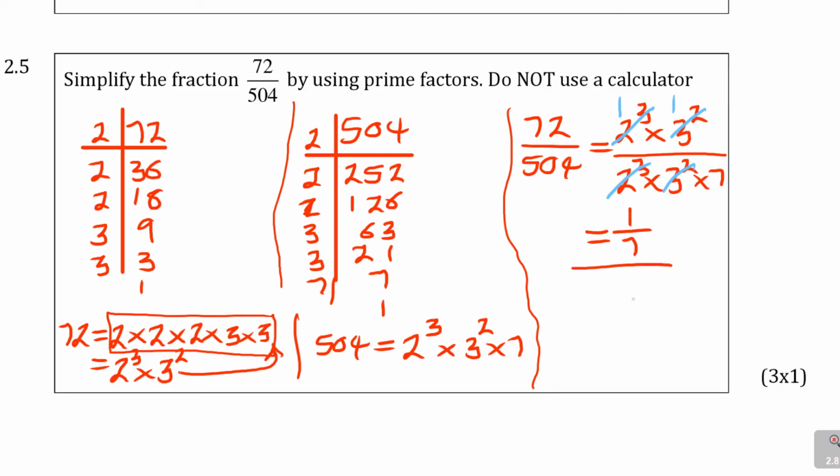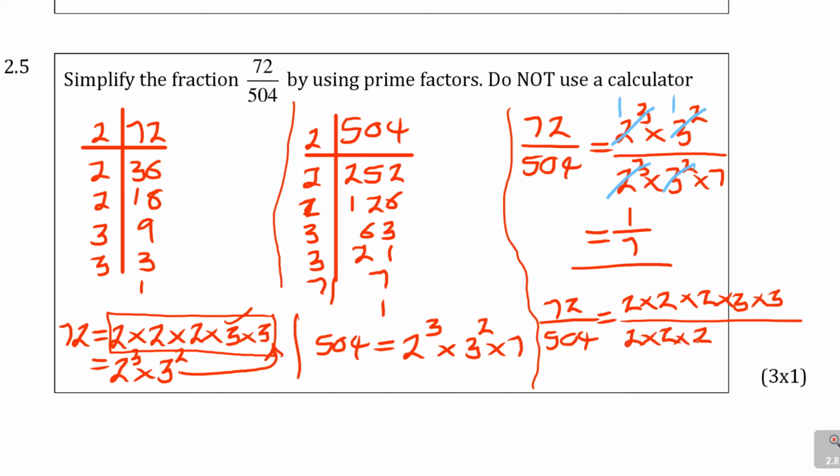If you want to do it the long way, you're still allowed to say 504 is equal to the longer one, which is 2 times 2 times 2 times 3 times 3, and then you come down here and say 2 times 2 times 2 times 3 times 3 times 7.